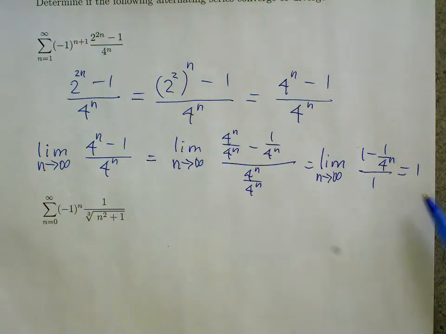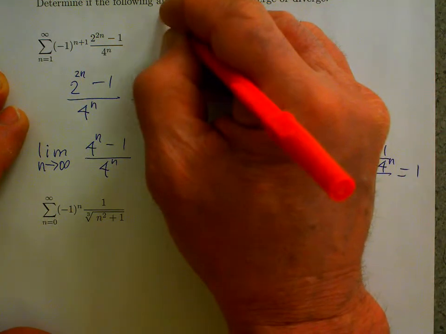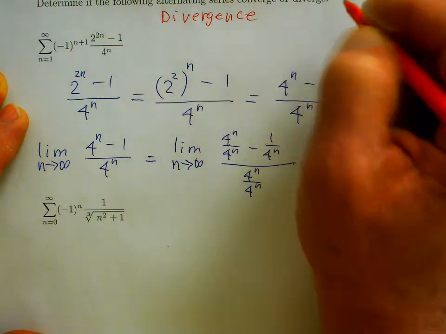Okay, so that just tells us that the alternating series test fails, but we can't conclude by that it's divergent. But what we can use is the divergence test. So it's too bad we're out of time.